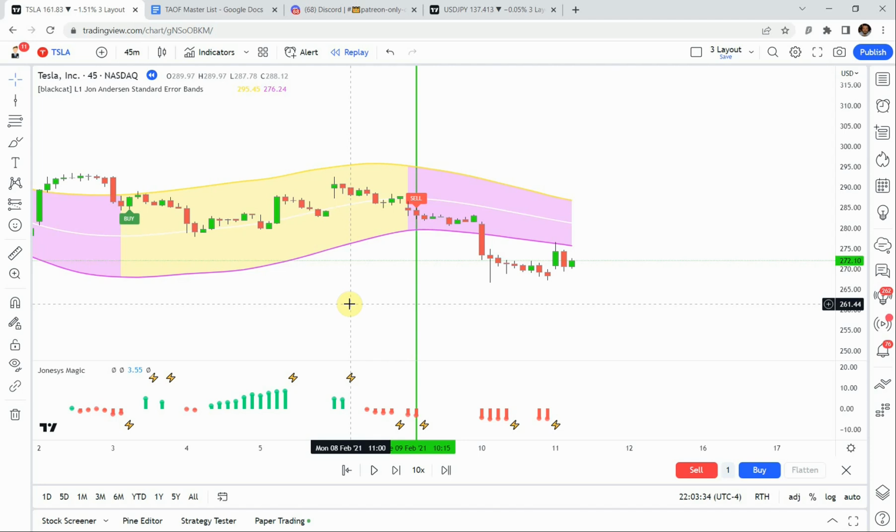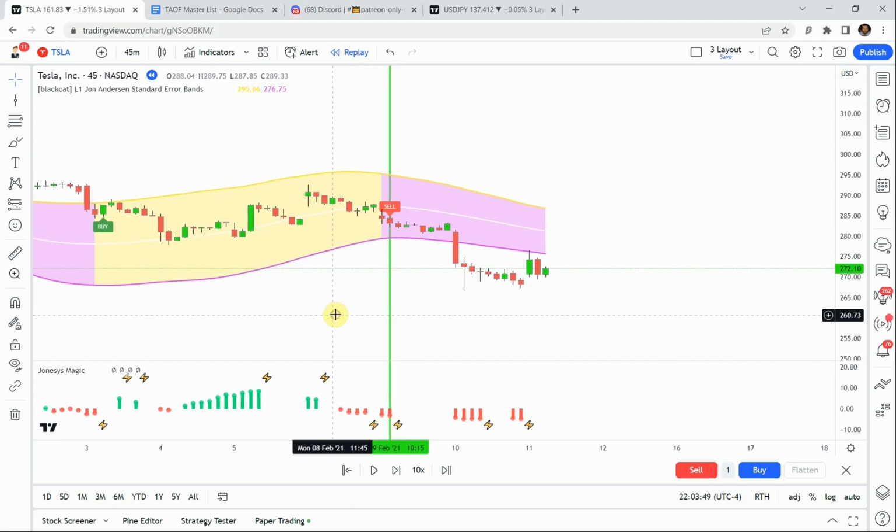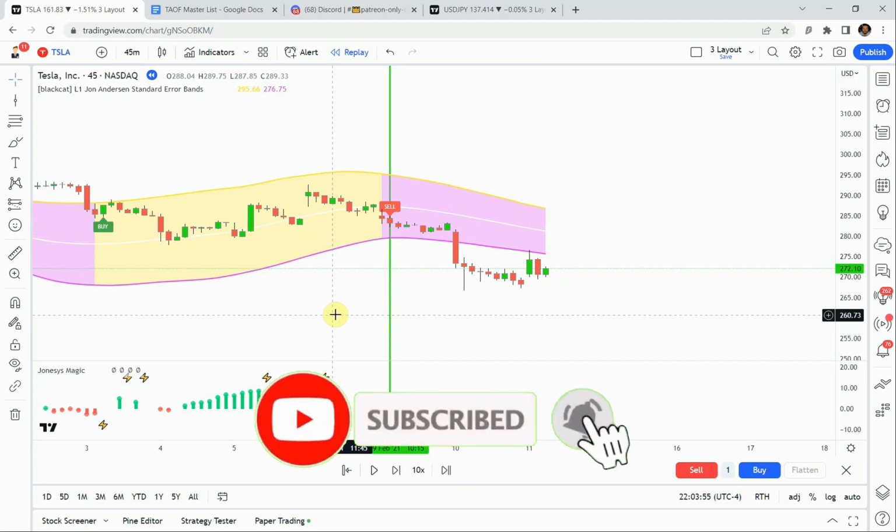Out of those 50 trades, we've got 25 winning trades and 25 losing trades. That puts us at a 50% win rate. Now, this strategy has a 1 to 1.5 risk reward. With a 1 to 1.5 risk reward, a 50% win rate means that there is definitely some room for gain.